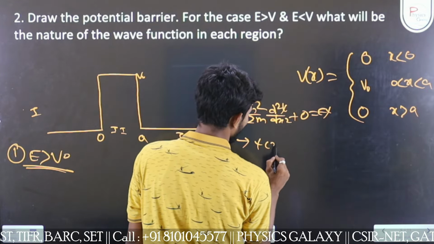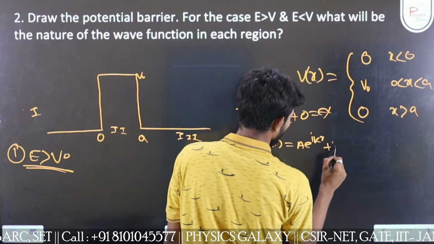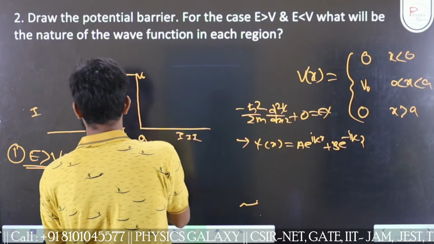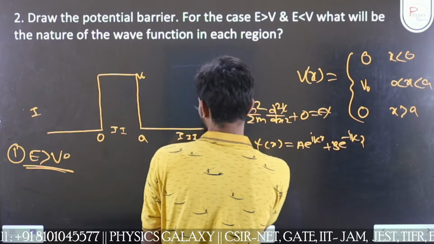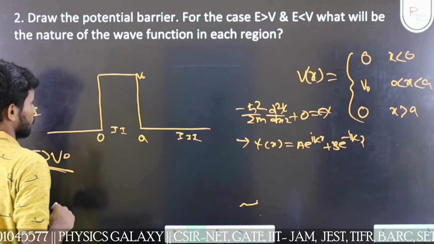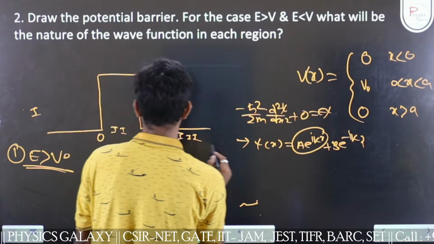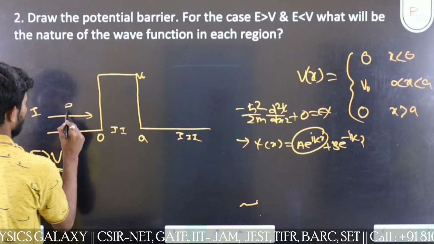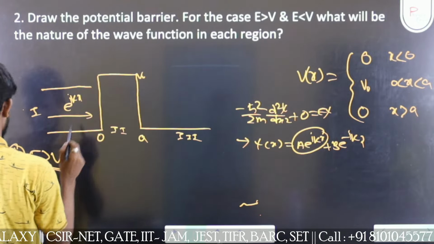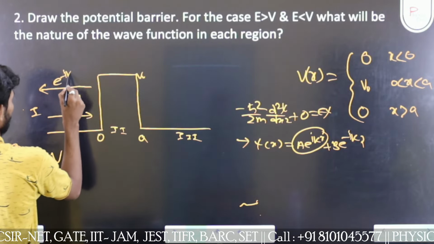Psi of x is equal to A e to the power i k x plus B e to the power minus i k x. This is the solution of this equation, and the first term represents the incident wave, and the second term represents the reflected wave.